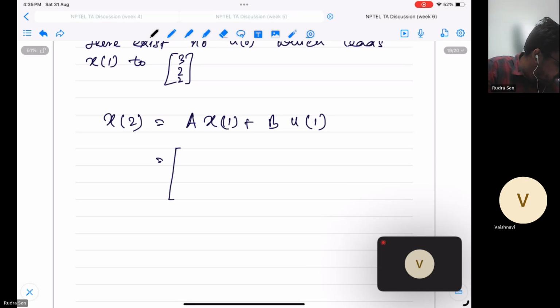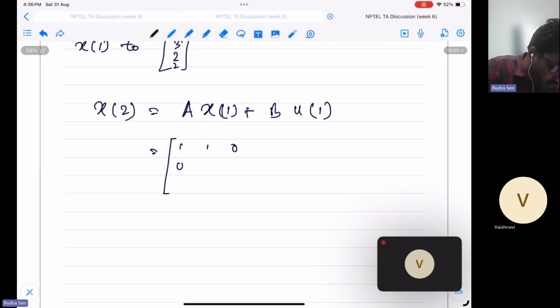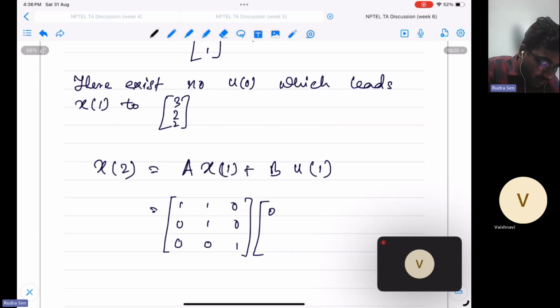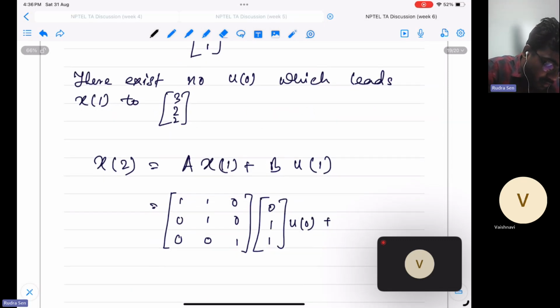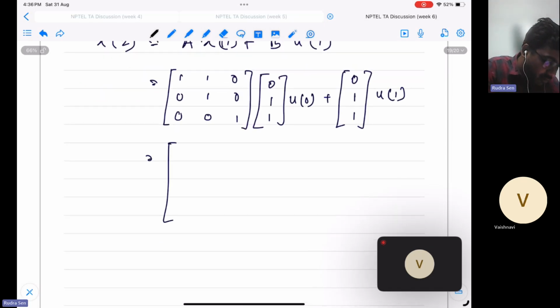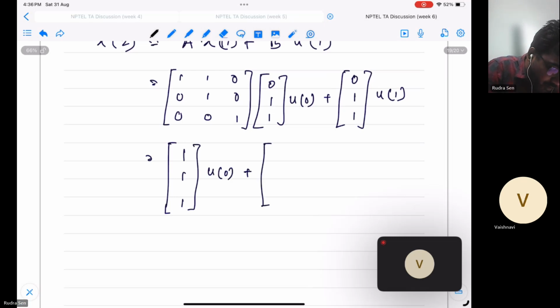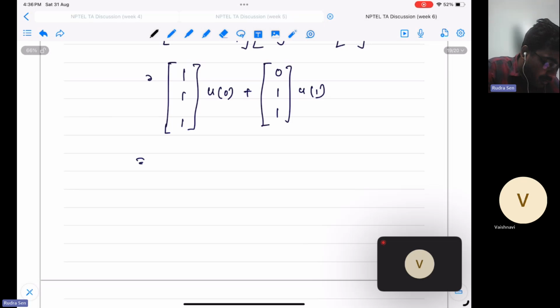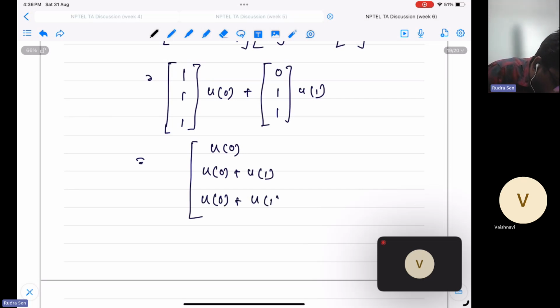A is 1 1 0, 0 1 0, 0 0 1, and x1 is this term 0 1 1 times u0, plus 0 1 1 times u1. So the value is u0, u0 plus u1, and u0 plus u1.